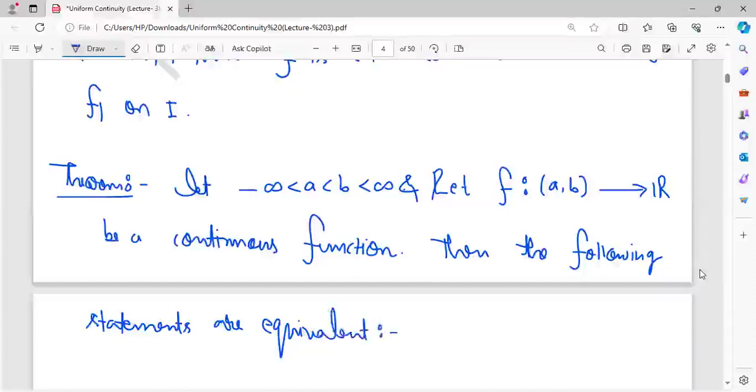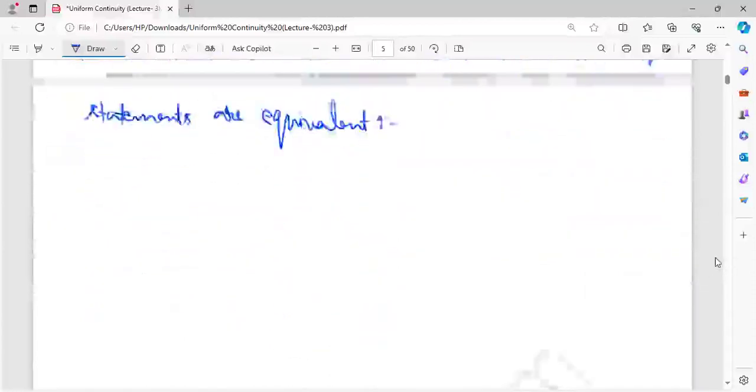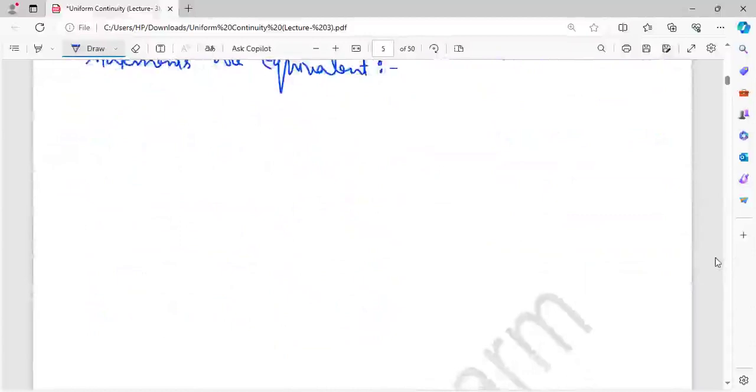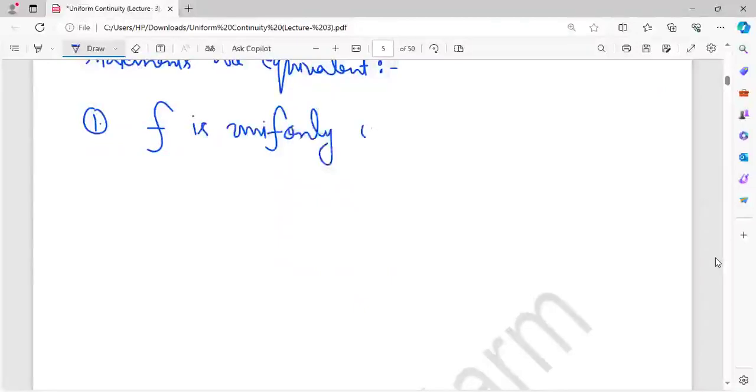What are those statements? Number one, f is uniformly continuous on AB.